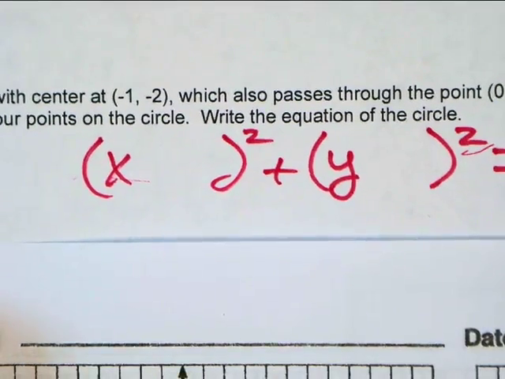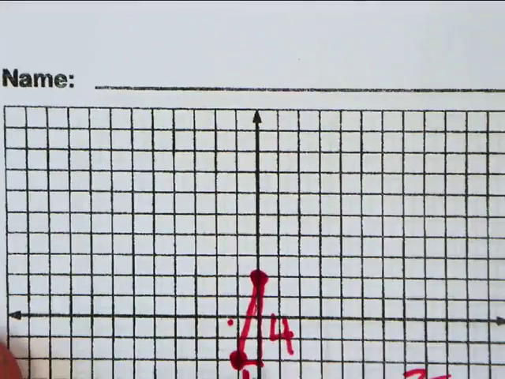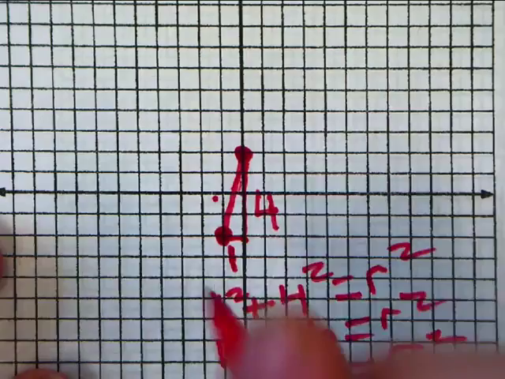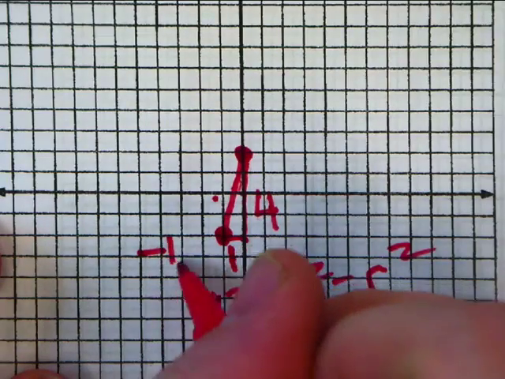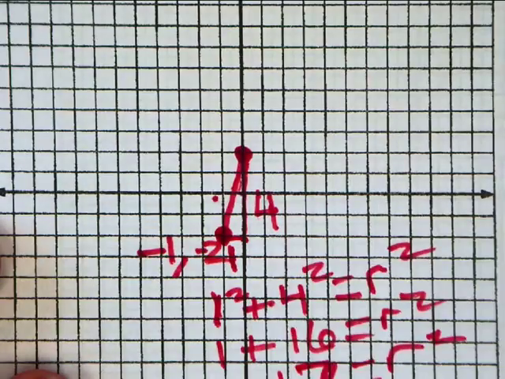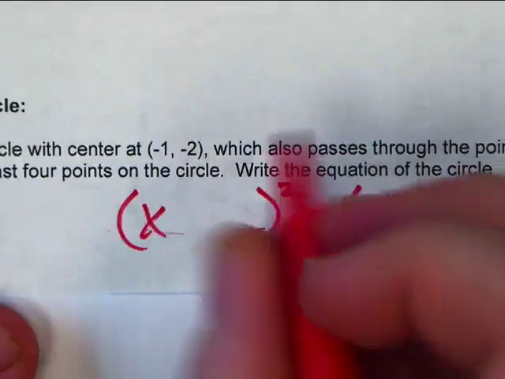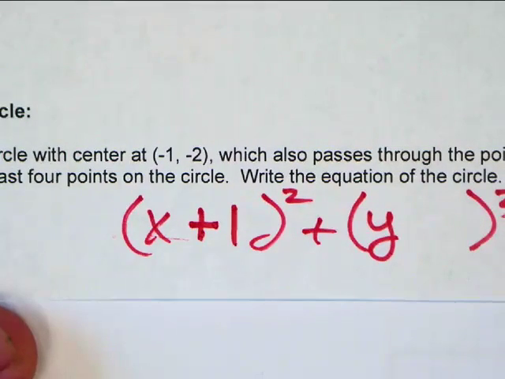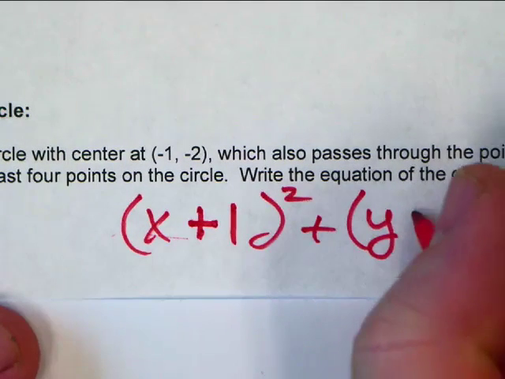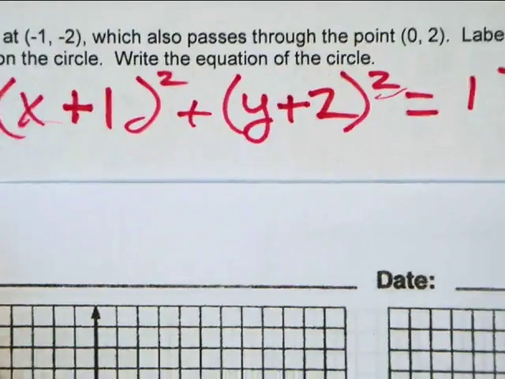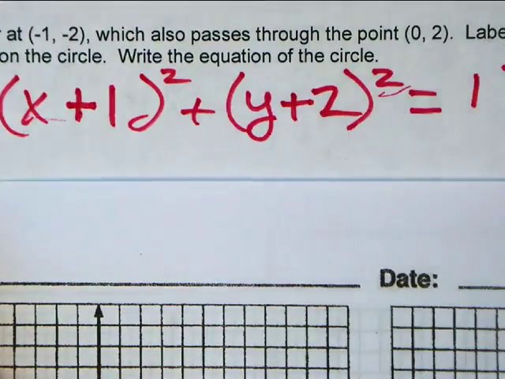Well, you just take the negative of whatever the center ordered pair is. So the ordered pair here is -1 for x and -2 for y. So the opposite of -1 is +1 for x, and the opposite of -2 is +2 for y. So there we have our equation for the circle.